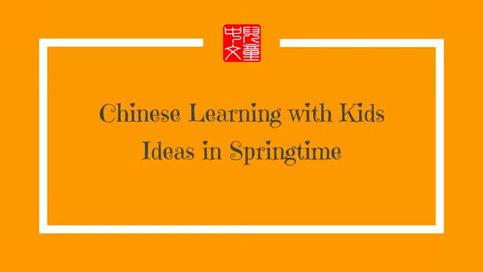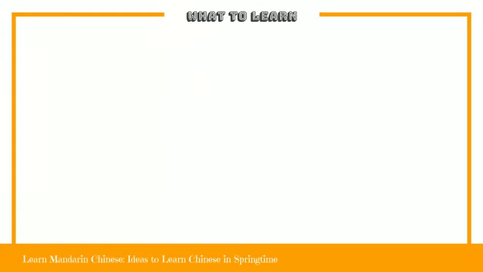Okay, so now today let's get some ideas and maybe some inspiration for you to learn Chinese in springtime. First of all, let's talk about what to learn. What you learn in springtime, we can teach the kids the general springtime vocabulary.